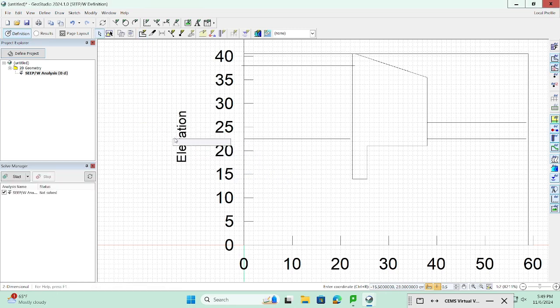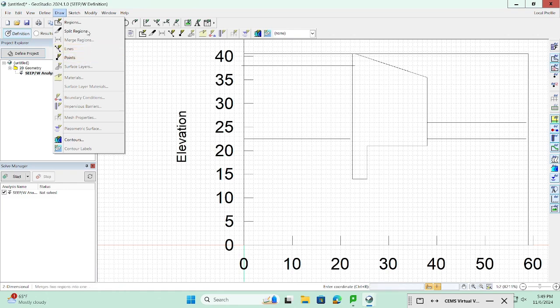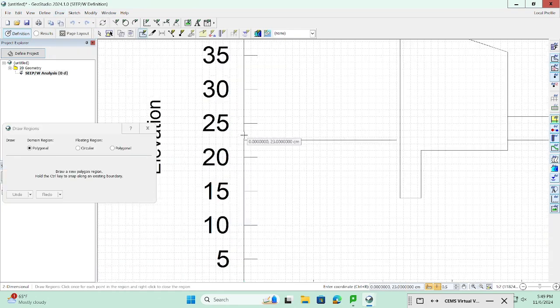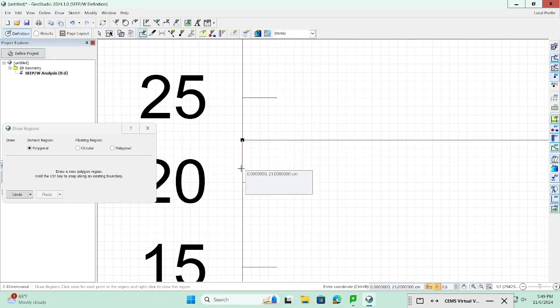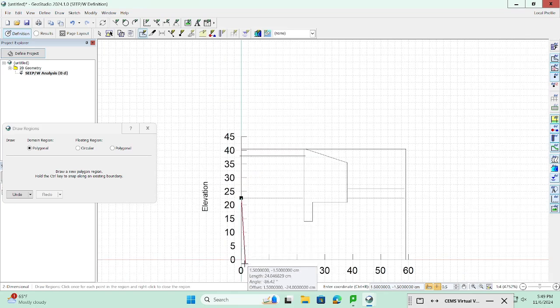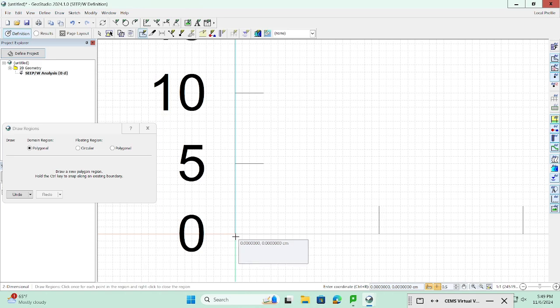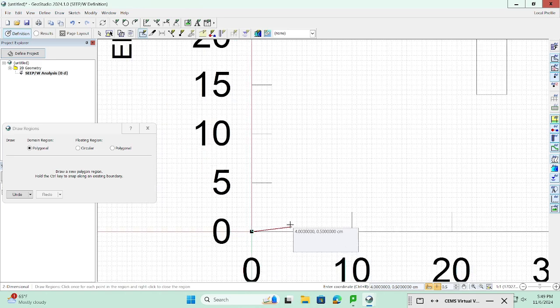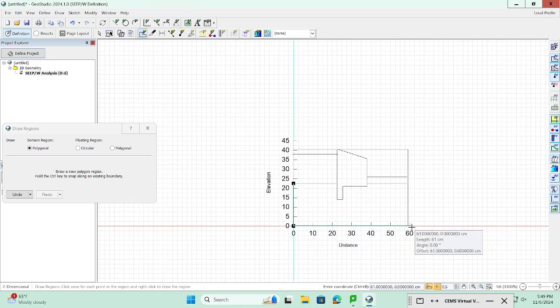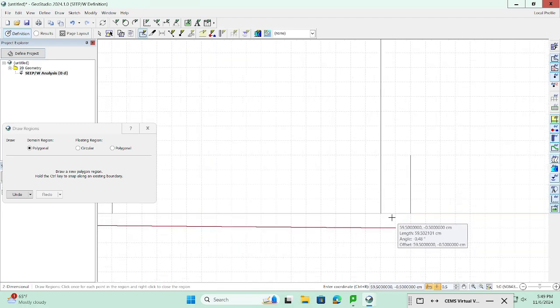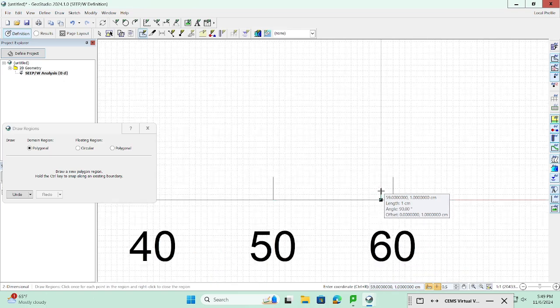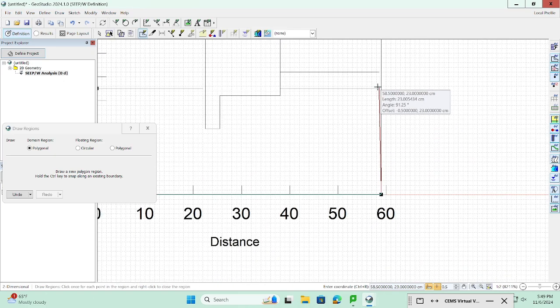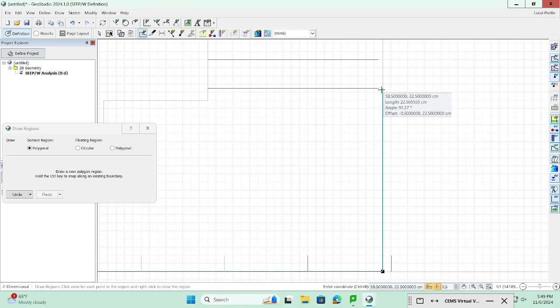For drawing, you should be very careful. It's not flexible like sketched lines. Here, you should be very careful about that. Okay, so I'm going to start, yep, at this point, and then it will go to the 0, and then it will go here, go up to the soil level.